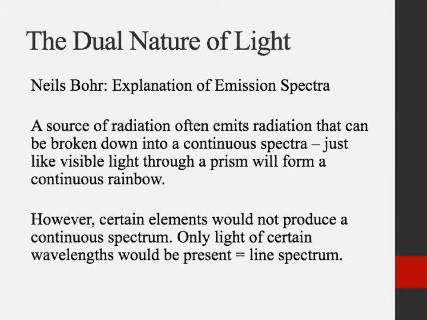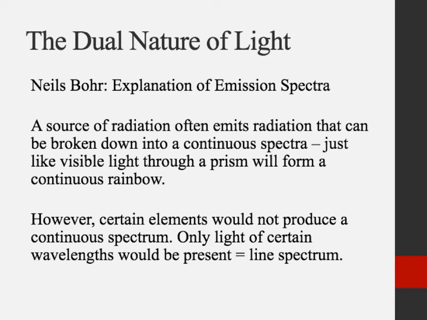Also working at the time was Niels Bohr, who was trying to explain the emission spectra. The emission spectra is caused by electrons with enough energy, quantized energy, moving from one energy level to another. A source of radiation often emits radiation that can be broken down into a continuous spectra, just like visible light through a prism will form a continuous rainbow.